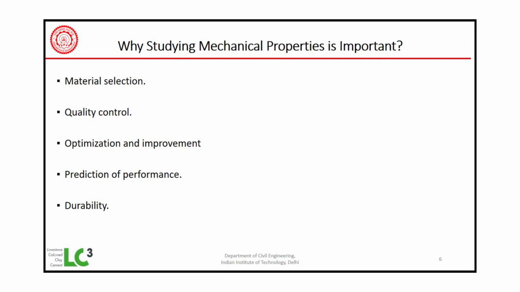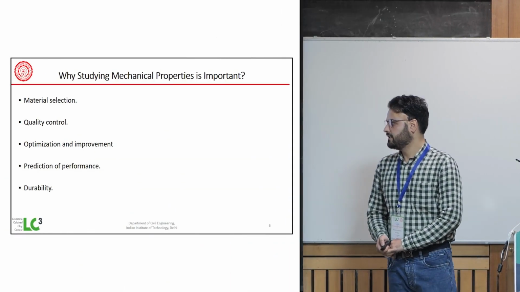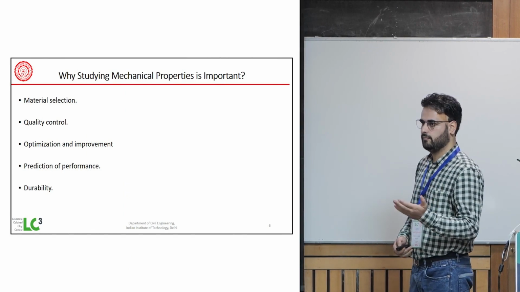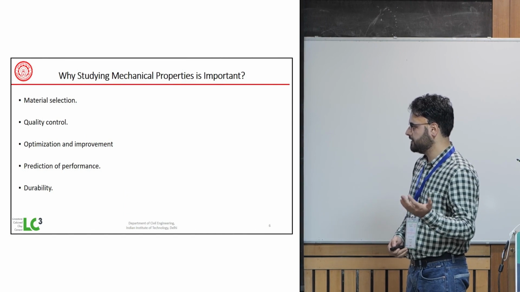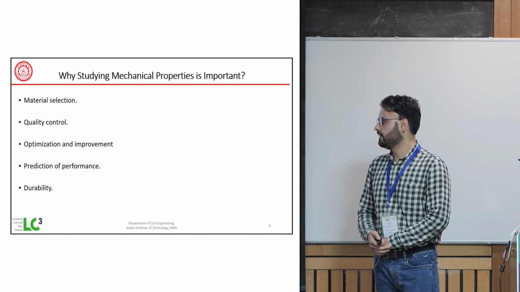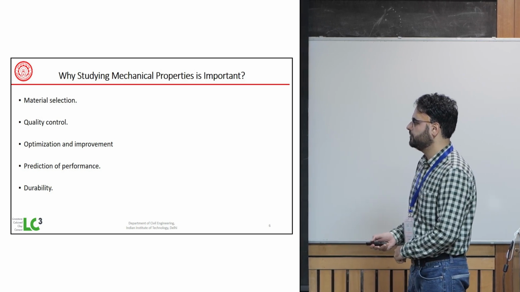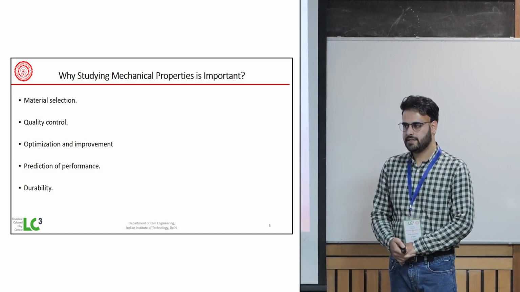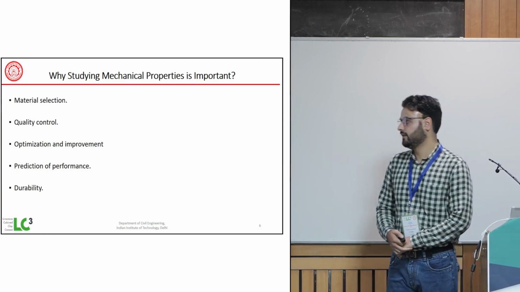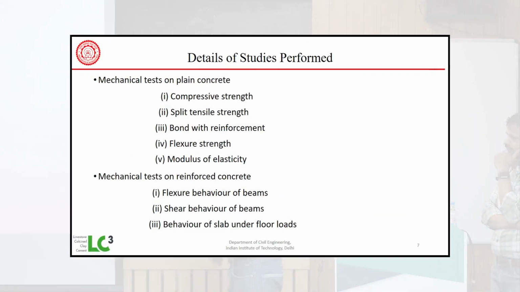If we know the mechanical behavior of the materials beforehand, then the designers and engineers can predict how it is going to perform in practice, under different loading conditions and under different environmental exposures. Then we have the durability at the end. Generally, we say the materials having good mechanical properties will be durable as well.